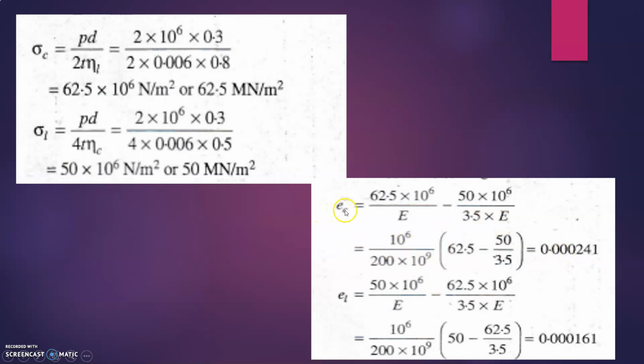Simplify this, you get the circumferential strain. Then you can calculate the longitudinal strain, that is sigma L divided by E minus sigma C divided by m into E. Substitute the values, you get eL, the longitudinal strain.